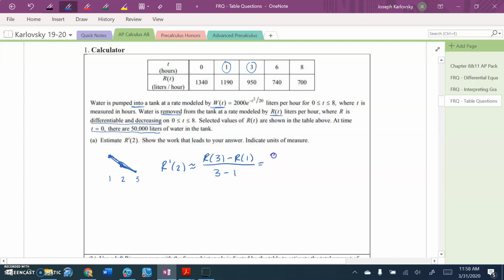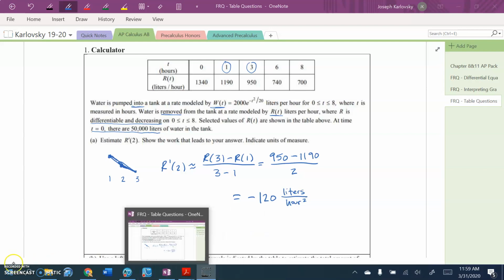Even if these numbers were so easy that you could do them in your head, do show the slope calculation for full credit. Go to our calculator and we get negative 120. This is the slope, so it's not just liters per hour, it's liters per hour squared.